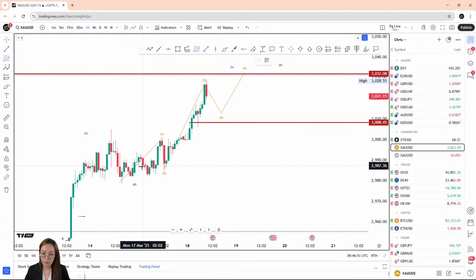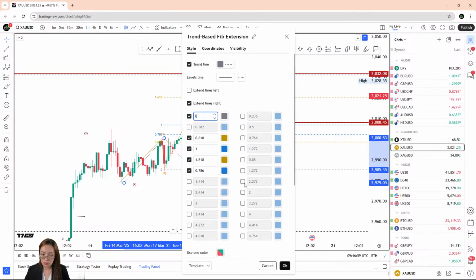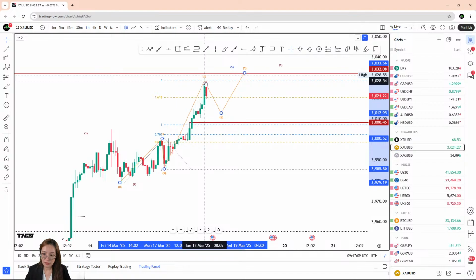I get it from the projection, to 261. I'm using projection, okay? 200% projection is roughly here. So it's going to be wave 3, pull back and continue to go to wave 5.